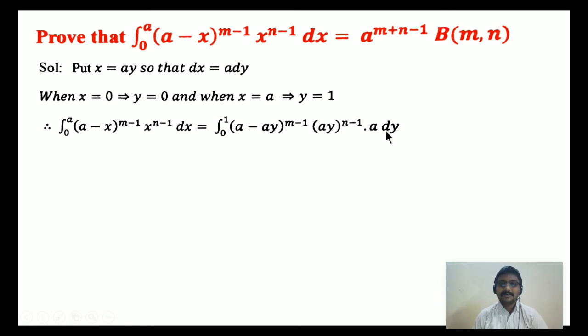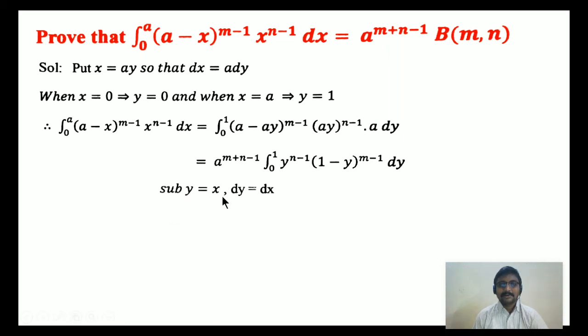And what are the new limits? 0 to a now becomes 0 to 1. Now simplifying by taking out the common a, that is a power m minus 1 into a power n minus 1 into a, that is a power m plus n minus 1. So taking out the common a power m plus n minus 1.